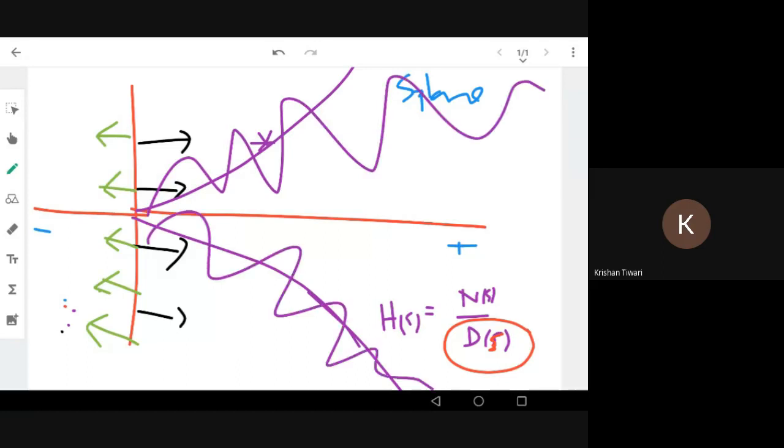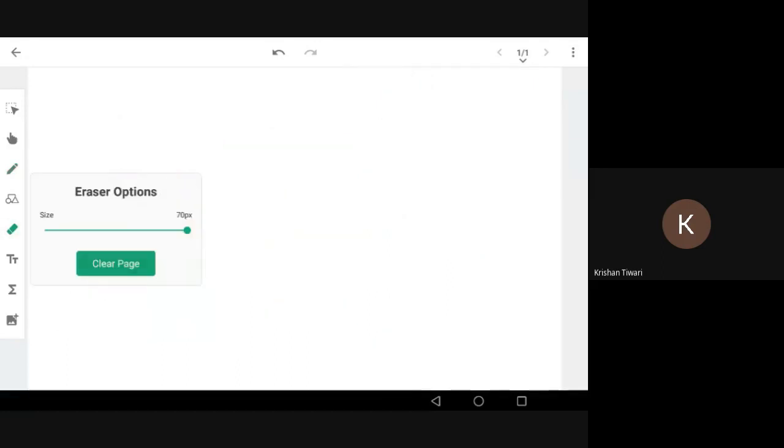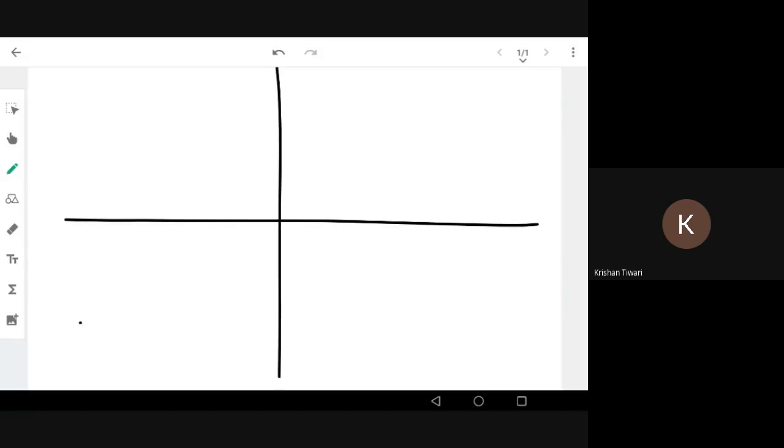Now let us look a bit more closely. What is the meaning when we say the roots will remain on the left side? For example, we can take a simple example: 1 divided by s plus 1. This is a simple transfer function H(s) where the denominator D(s) is s plus 1. So what is the root of the denominator here?